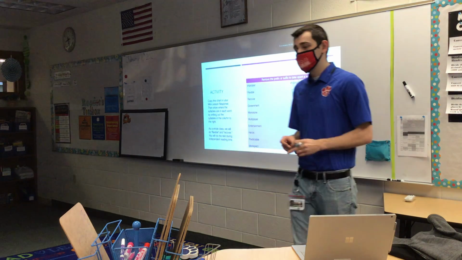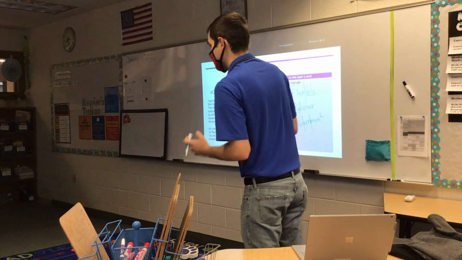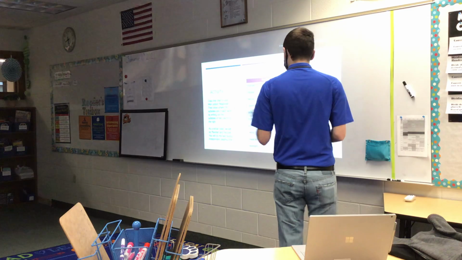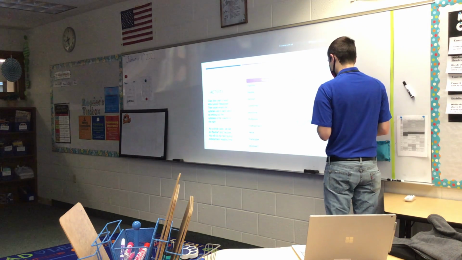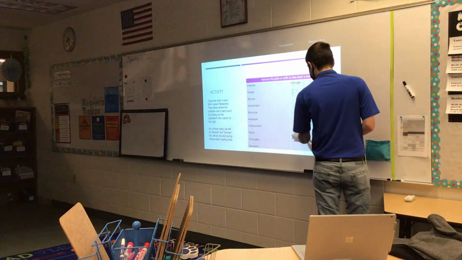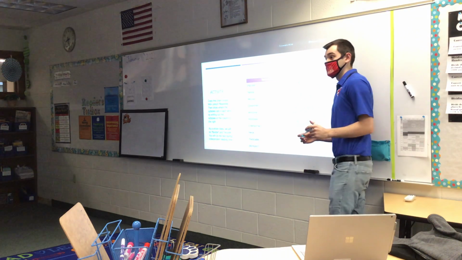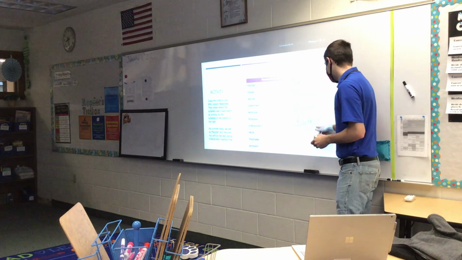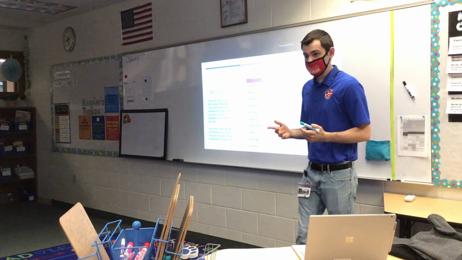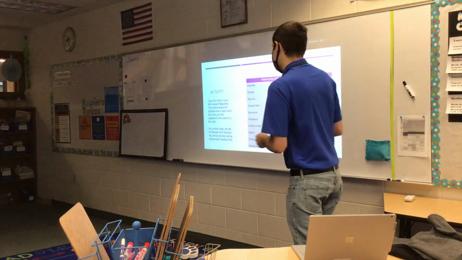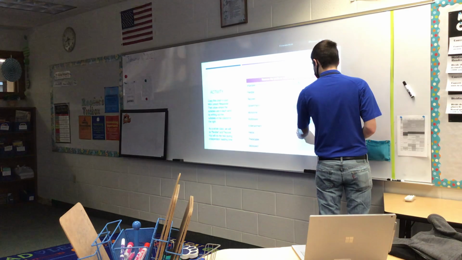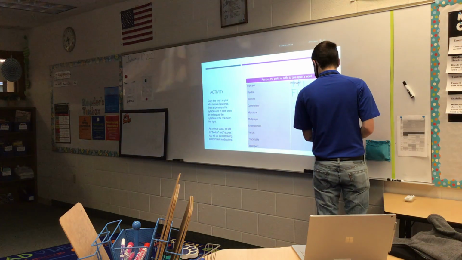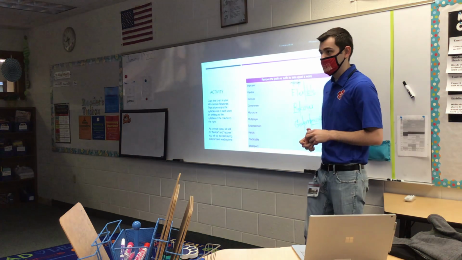Okay, where's the prefix or suffix in this one? What would we underline there, Zoe? Yes, ment. This is actually the base word govern, and then ment is the suffix in this example. And then we also identified the syllables: gov, ern, ment.